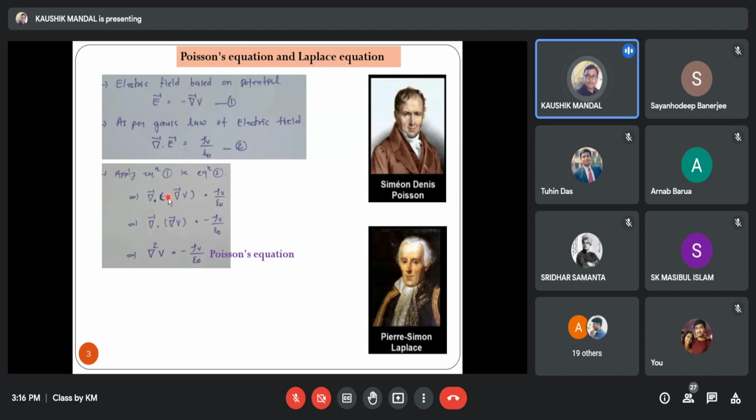The negative sign is transferred to the right hand side, so it becomes divergence of del V. Divergence of del V is basically del square V, also known as grad square V, equal to minus rho V by epsilon naught. This term del square is known as the Laplacian operator, and this equation is known as Poisson's equation.